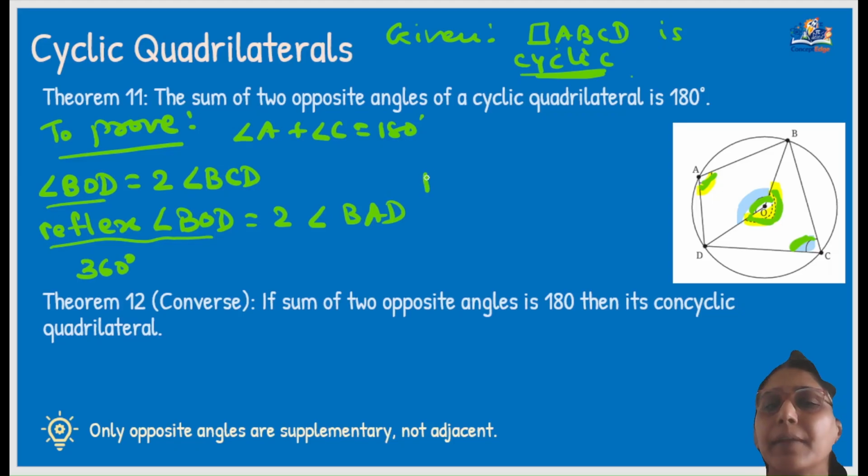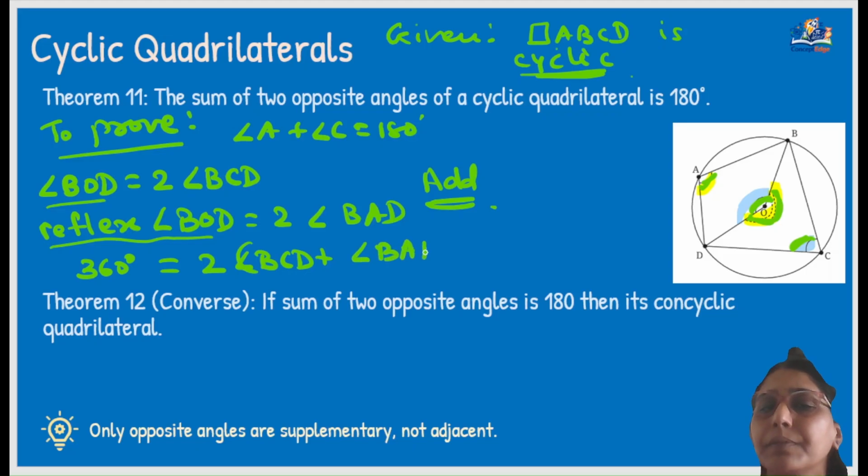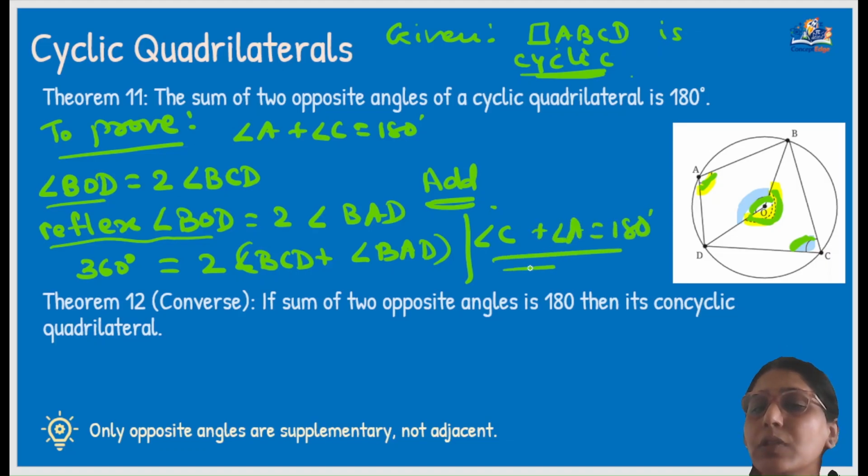So I get 2 times angle BCD plus angle BAD. Dividing by 2, angle BCD, which is angle C, plus angle A equals 180 degrees. This is what we had to prove. So the opposite angles of a cyclic quadrilateral are supplementary, and as the sum of all angles in a quadrilateral is 360, the remaining two angles are also supplementary.